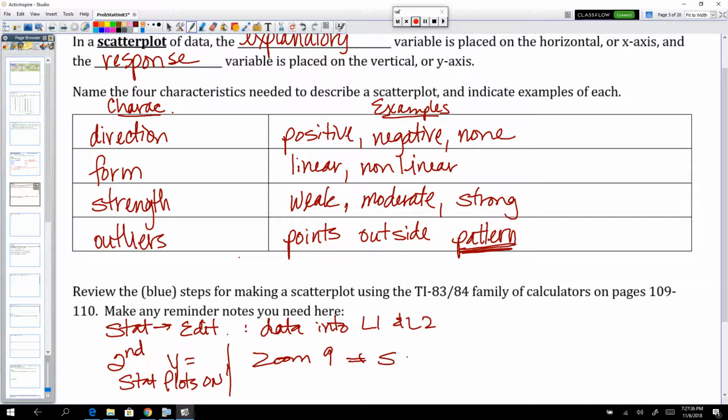This will give you your scatter plot. If I can spell scatter plot, sorry about that. That will give you your scatter plot. And always look at your scatter plot before making any determinations. That's going to give you an understanding of what the data looks like.